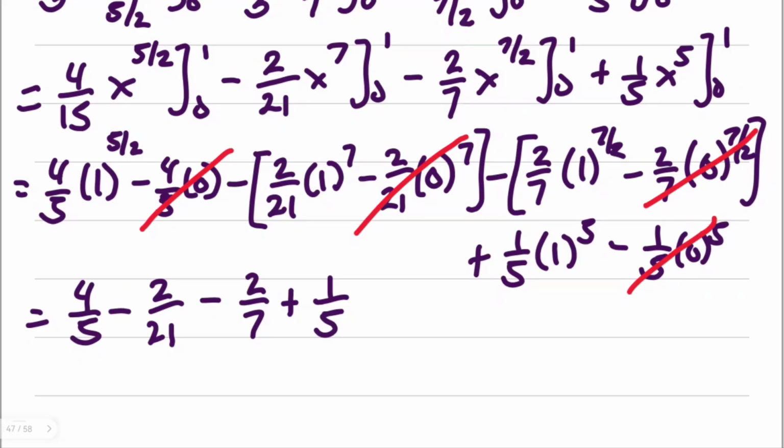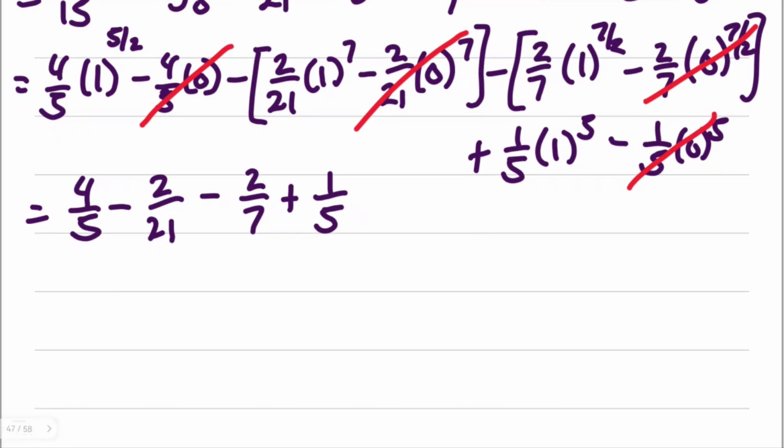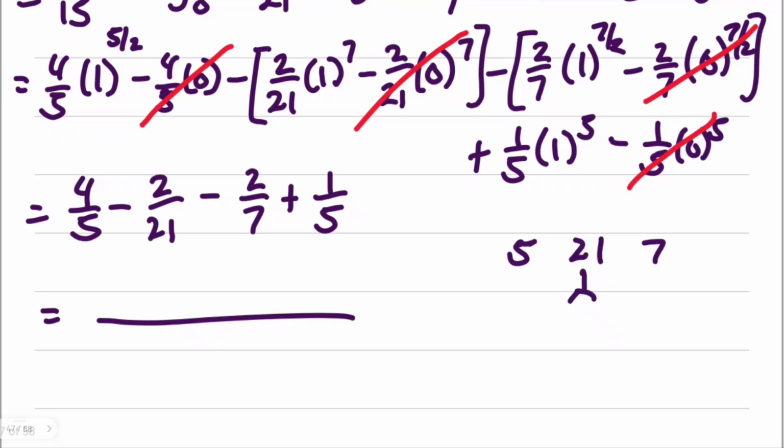Now about this one, LCD. 21 is 7 times 3. So I need 7 and 3 times 5. So 35 times 3 is 105. Right? LCD of 5, 21, and 7. Because this is actually just a short review, 7 times 3. So we'll have here 7, 3, and 5. So that's 105.